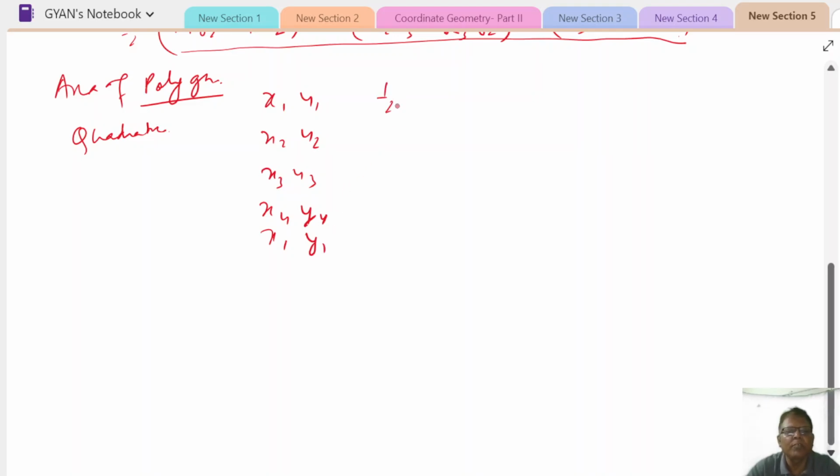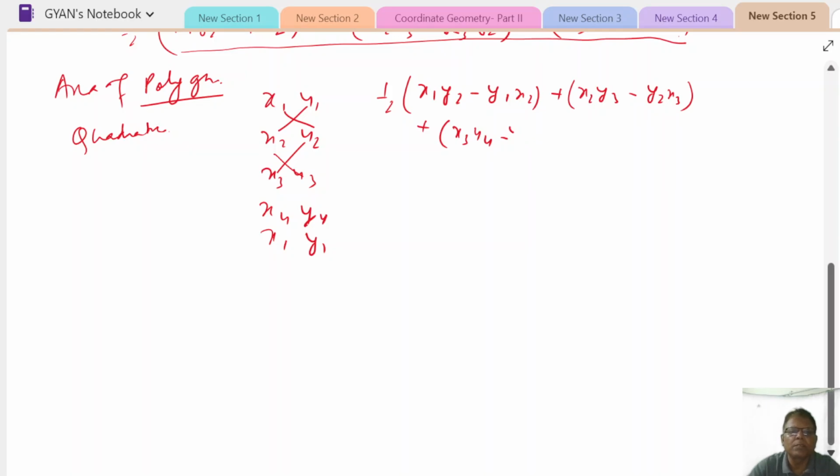So the area will be half into x1 y2 minus y1 x2, plus x2 y3 minus y2 x3, plus x3 y4 minus y3 x4, and now next x4 y1 minus y4 x1, and this will be the area of the quadrilateral.